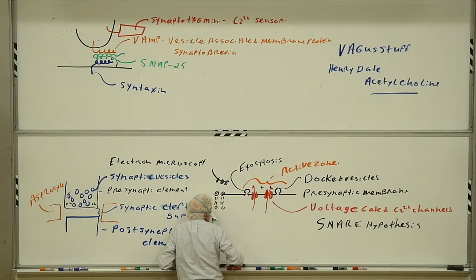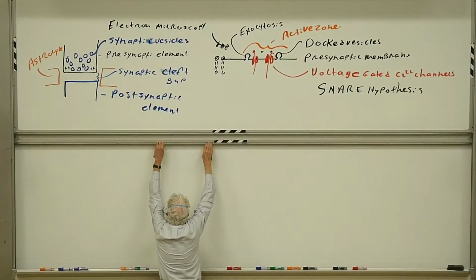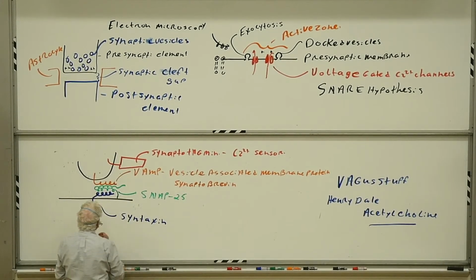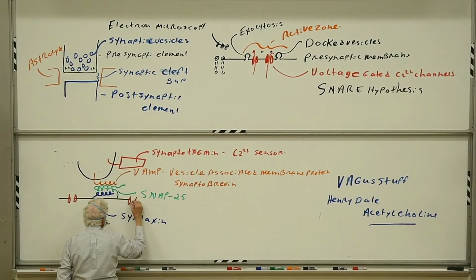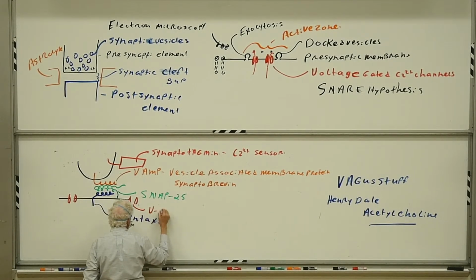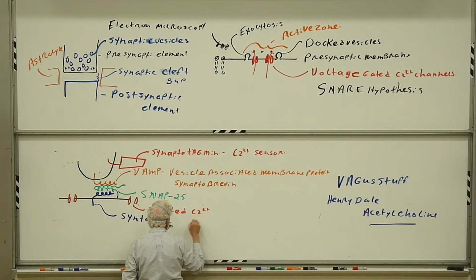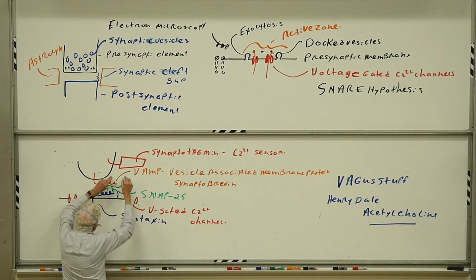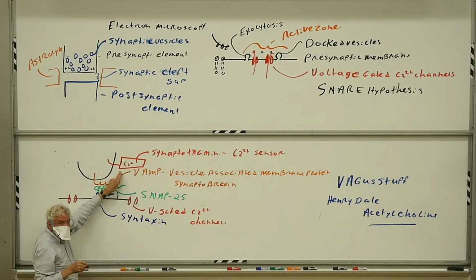Then once the calcium comes in, the calcium, which has come in through those voltage-gated channels, let's put a couple of them down here. These are meant to be the voltage-gated calcium channels. When the calcium comes in, it binds to the synaptotagmin.